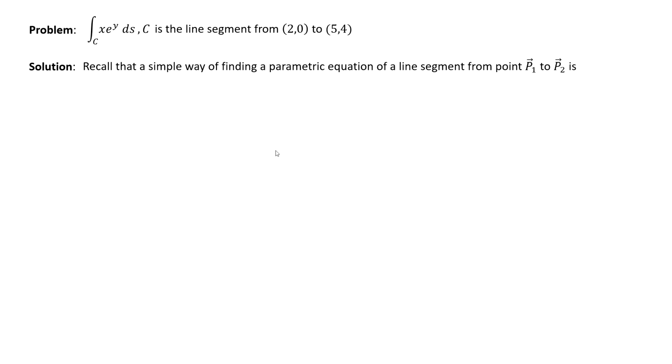Well, recall that a simple way of finding the parametric equation of a line segment from P1 to P2, position vector P1 to position vector P2, is to simply say r of t is nothing but P1 times (1 minus t) plus P2 times t, and the parameter t goes from 0 to 1.